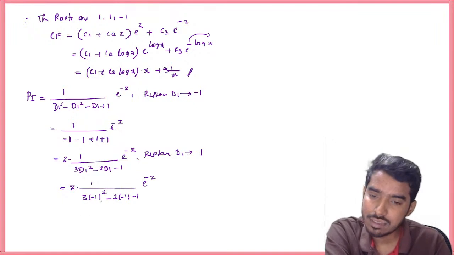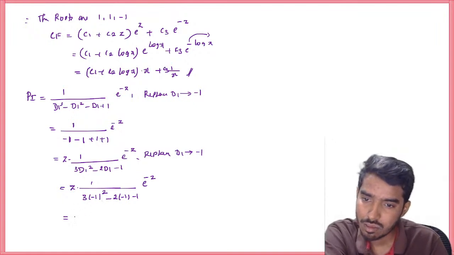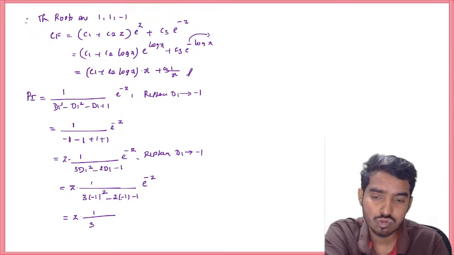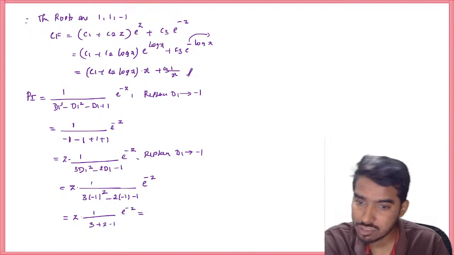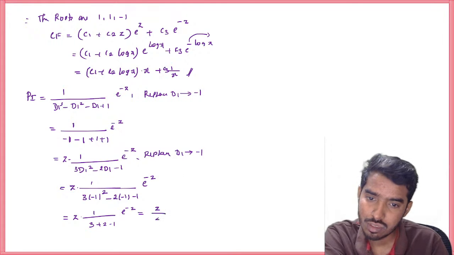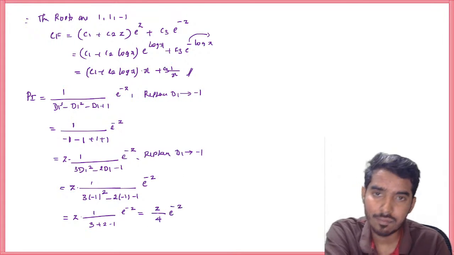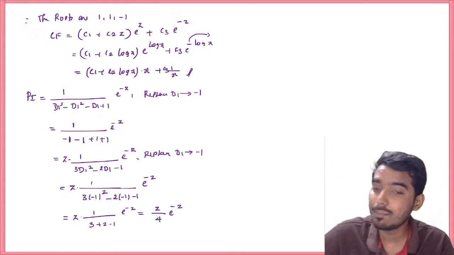So it will be z into 1 divided by 3 plus 2, 5, minus 1, e power minus z. So 3 plus 2 is 5, 5 minus 1 is 4. Z by 4 e power minus z is your required partial integral.